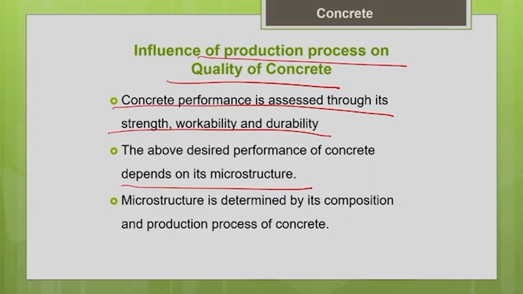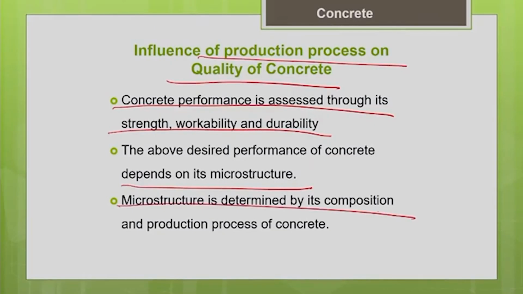To get the desired microstructure, we need good quality control in the production process, right from the mix design. Your microstructure depends upon the mix composition, how much quantity of aggregates and how much quantity of cement, everything decides the microstructure of your concrete. So, starting from the mix design, we should have strict quality control.